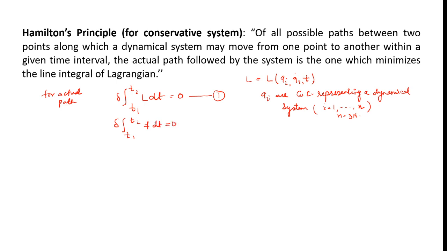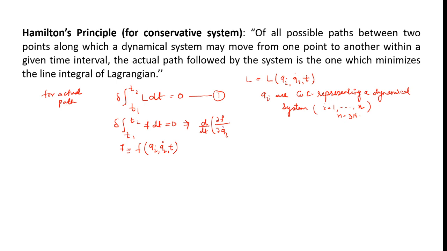then by the calculus of variation technique, this implies that this is true along the equations obtained with the help of these relations, where this f is a function of qi, qi dot and time.